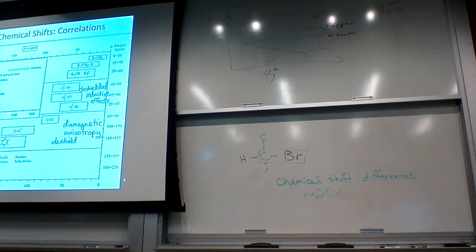And in this case, they're directly involved with the carbon double bond or triple bond. So again, they're more significantly affected by the diamagnetic anisotropy. Your carbonyls have both effects. So we have diamagnetic anisotropy from the double bond. We also have the electronegative inductive effects.